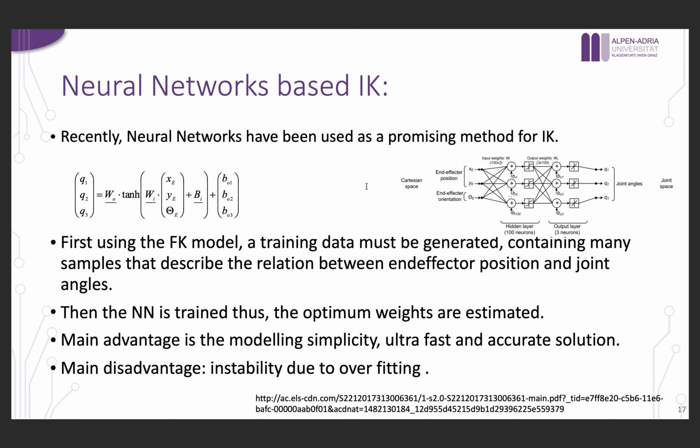In addition to that, there is the complexity of needing big data, and training a neural network is computationally expensive, especially if the network is large. But the main disadvantage is that if you don't have enough data, or don't consider the training of this network well, you may end up with instability due to overfitting or other issues.